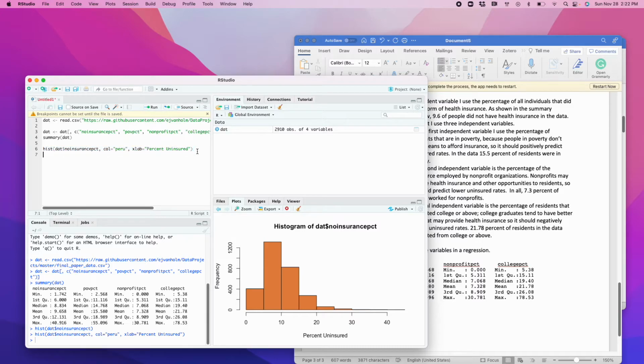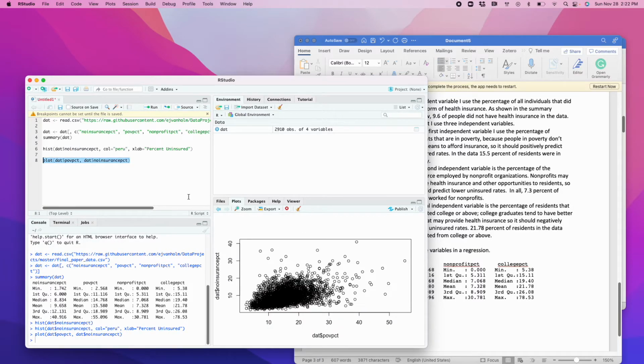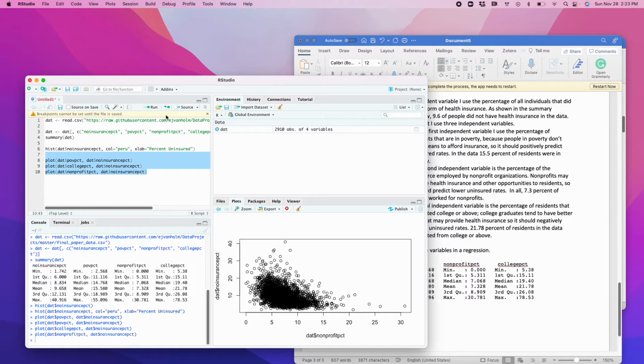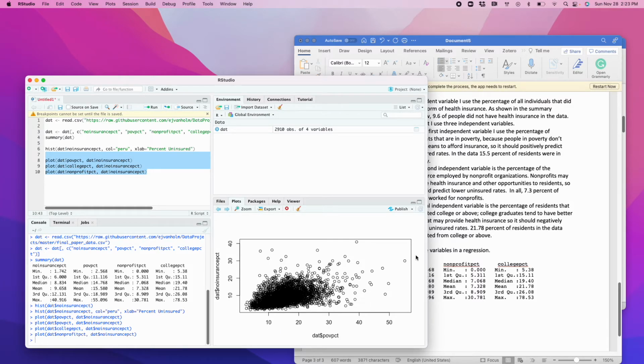I could show the individual relationship between my independent variables and my dependent variable. So I could do a scatter plot for it, and I could do a scatter plot for all three of the variables. I want no insurance on the y-axis for all of them, but I could go and do one for college and nonprofit. And this is useful because it begins to show the relationship. I can see that there is a positive relationship.